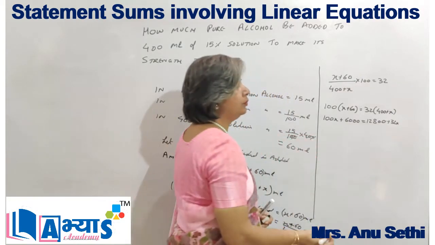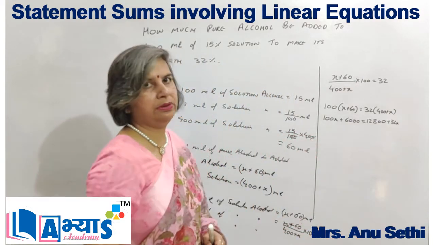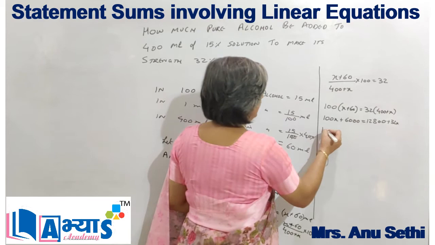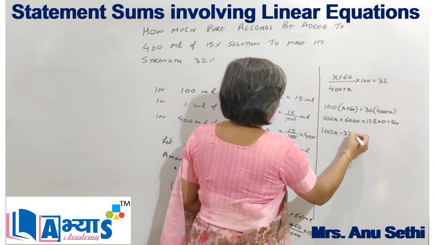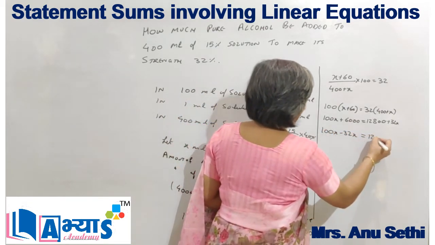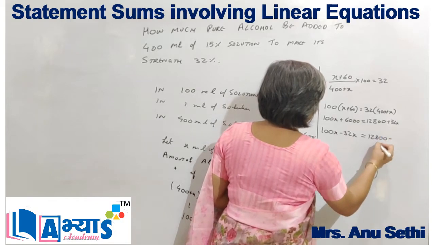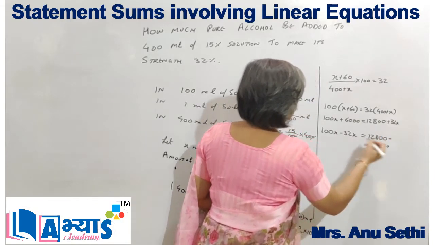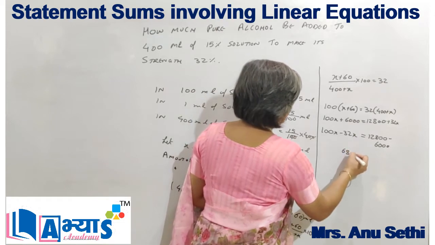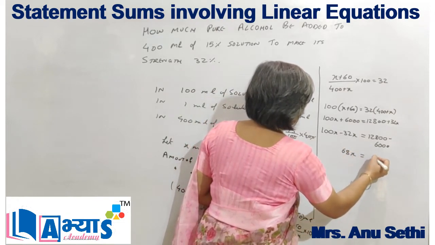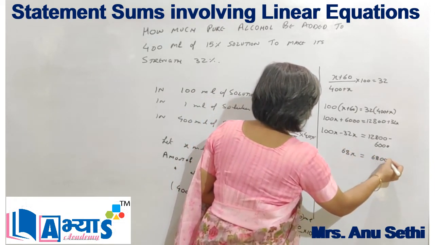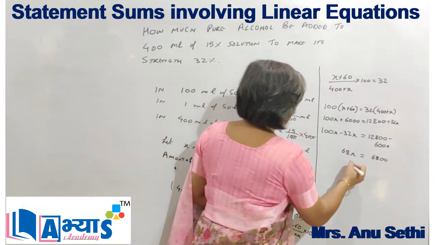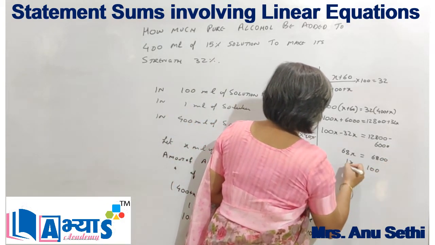I will bring the unknowns on the left hand side and the knowns on the right hand side. So I will get 100x minus 32x is equal to 12800 minus 6000. So it will be 68x equal to 6800, or x is equal to 100.